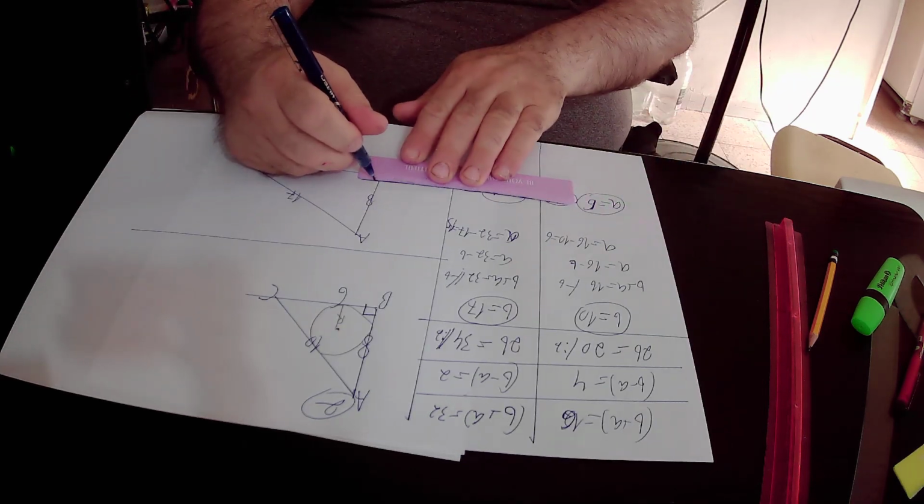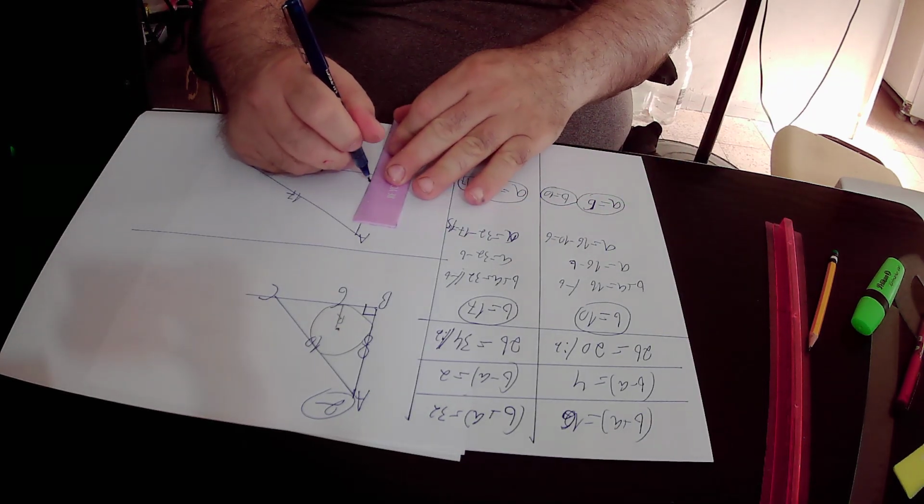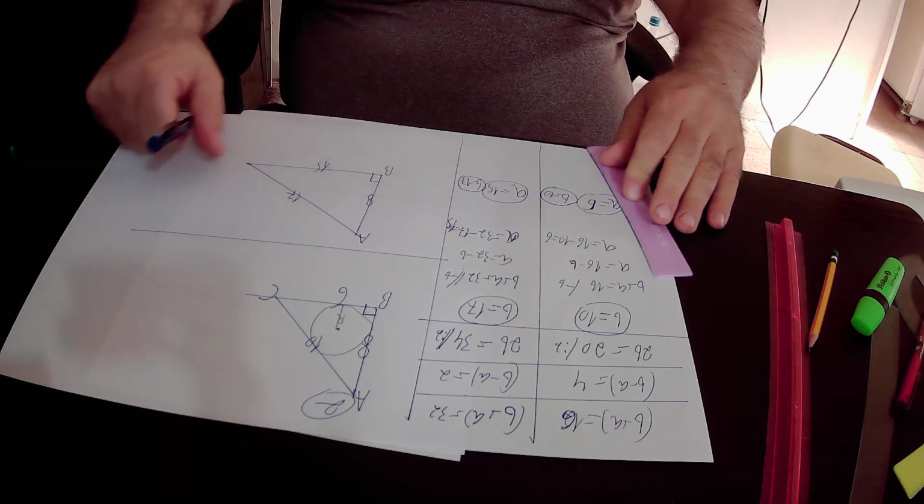Inside this right triangle, triangle ABC, we have a circle that is described by the triangle.